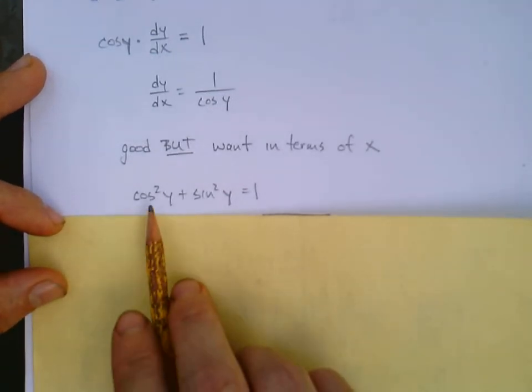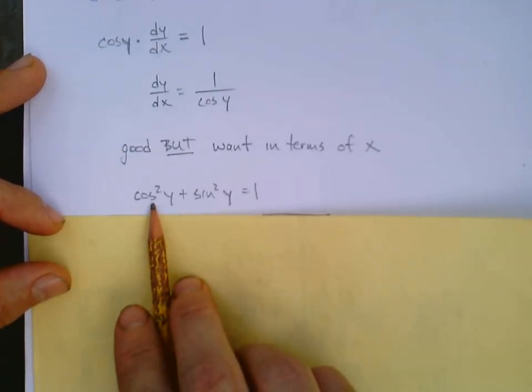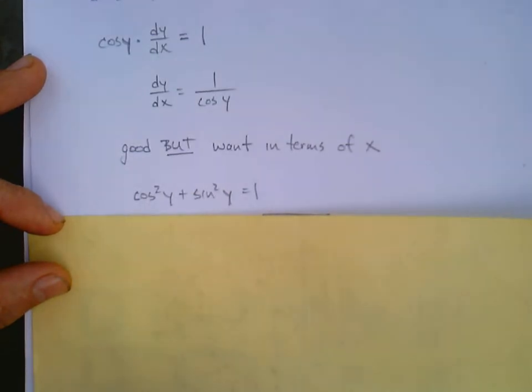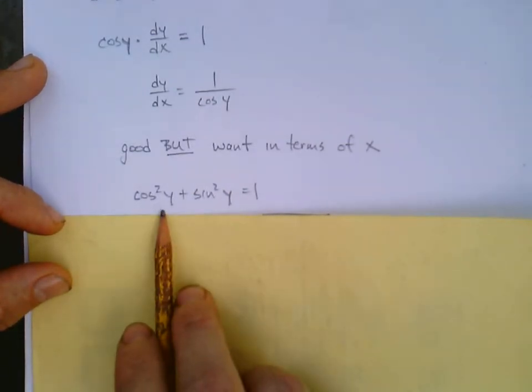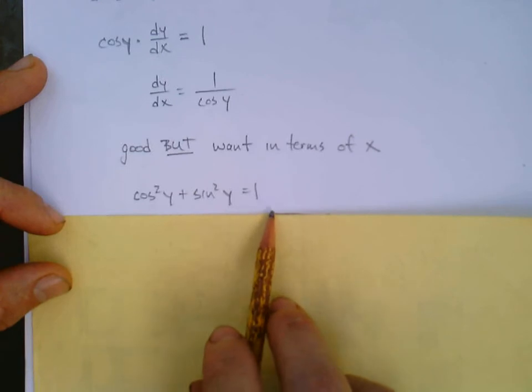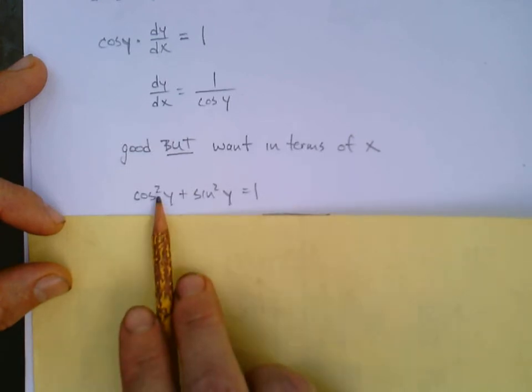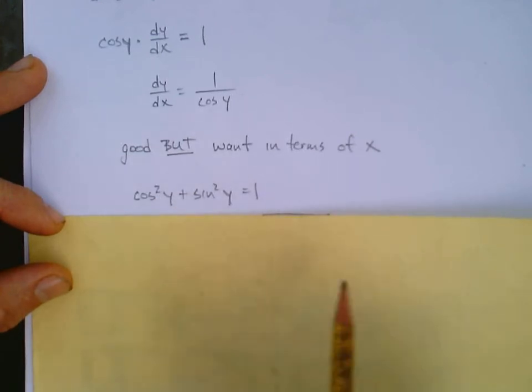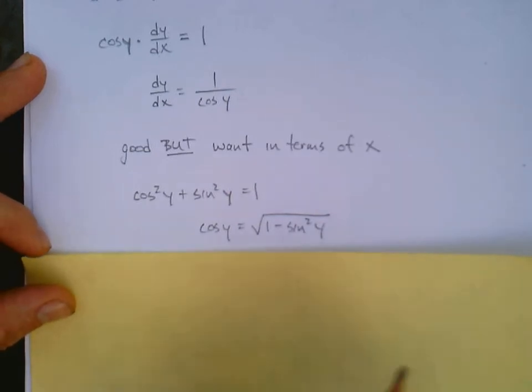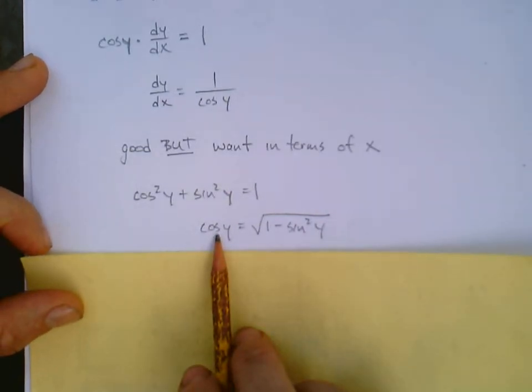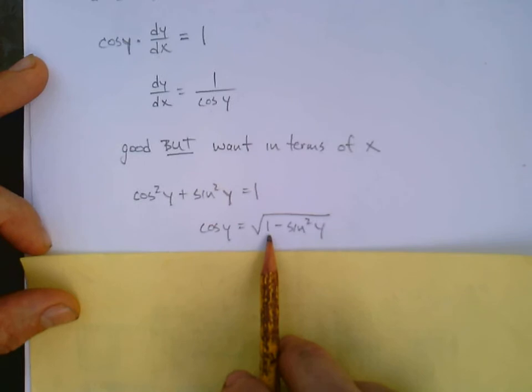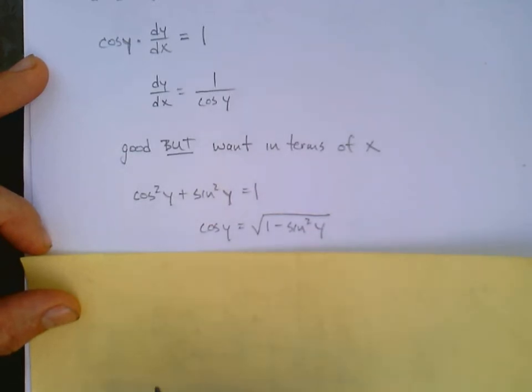What would happen if we solve for cosine y? Isolating cosine y, so we should subtract sine squared y, and then, because it's a square, we should take a square root. If we solve for cosine y, wouldn't that be the square root of 1 minus sine squared y? Okay, sure. How is this helpful? This seems worse.